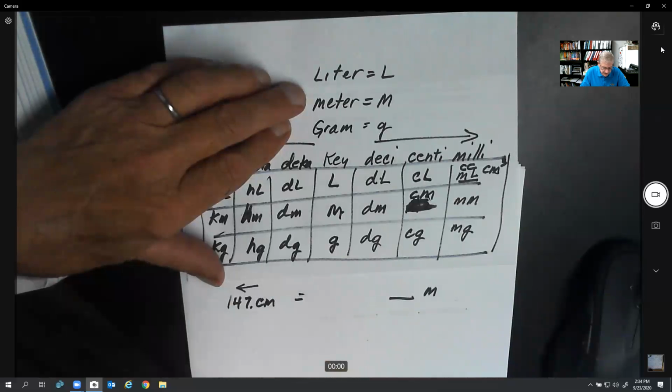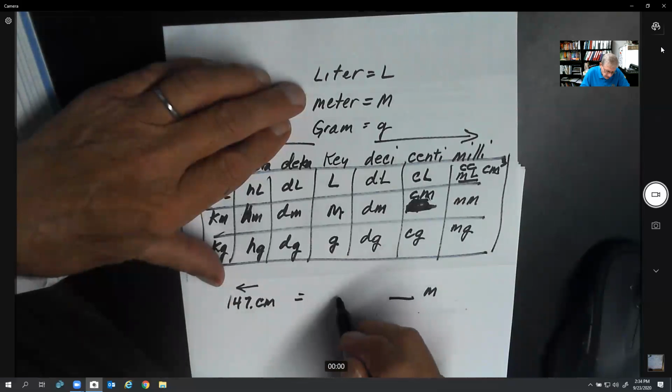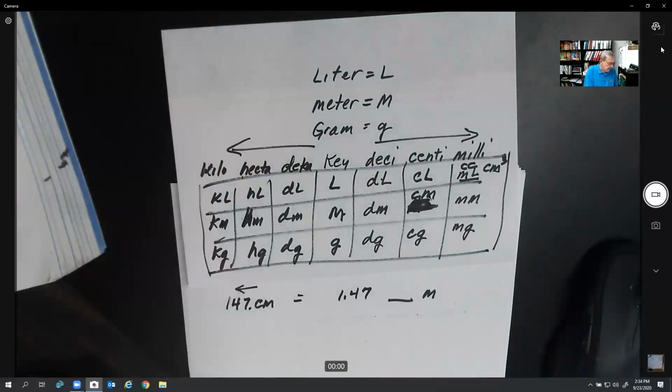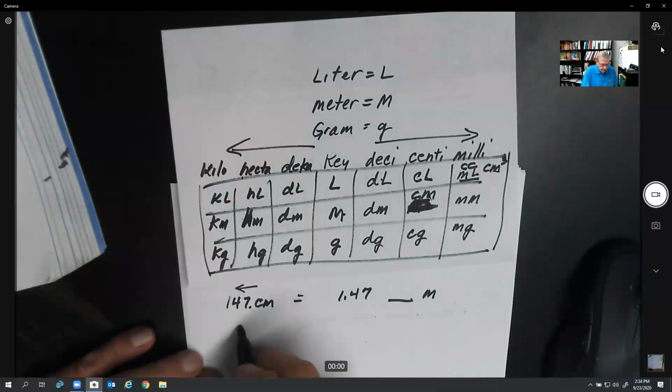The decimal point's at the end of the number, so this would be 1.47 meters. And that's all there is to it. I can multiply by 100 or divide by 100, but this is how I usually do it. I just move back and forth on this scale.